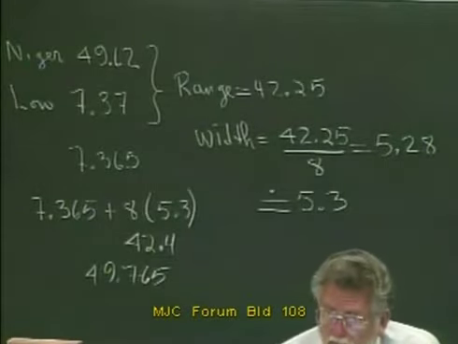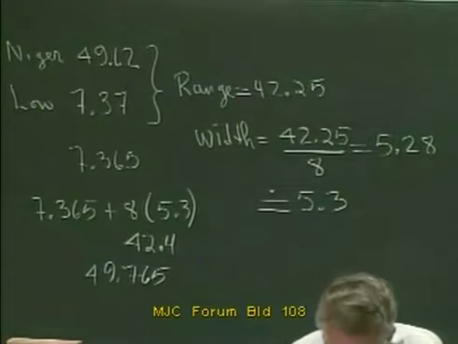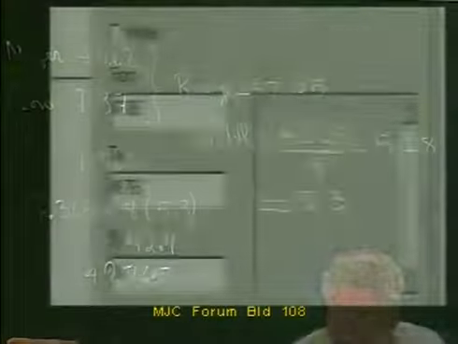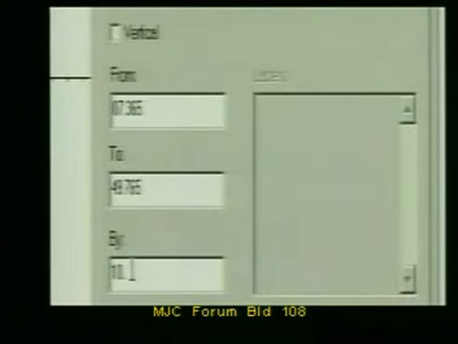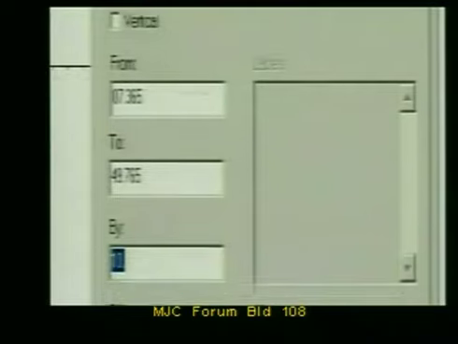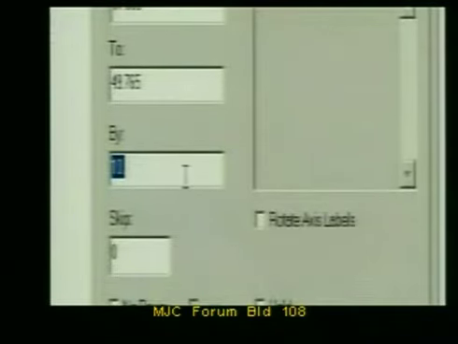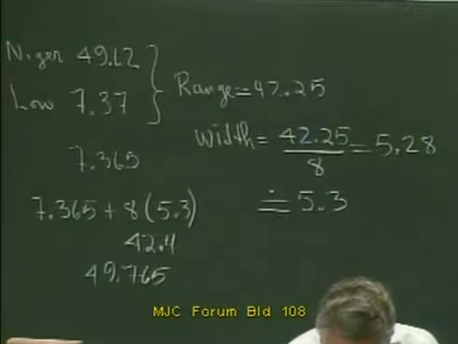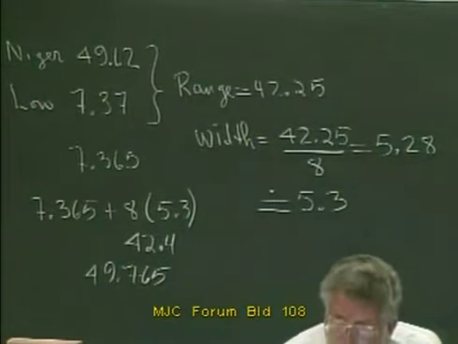Not 50, but 49.765. Now, this is not intuitive. The by part sounds like we are in business, but it's a BY, not a BUY. This is your width, and what was our width as we go to the board? 5.3.